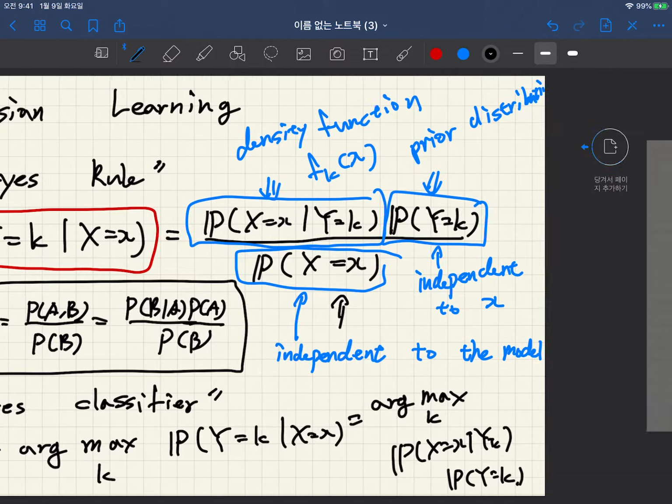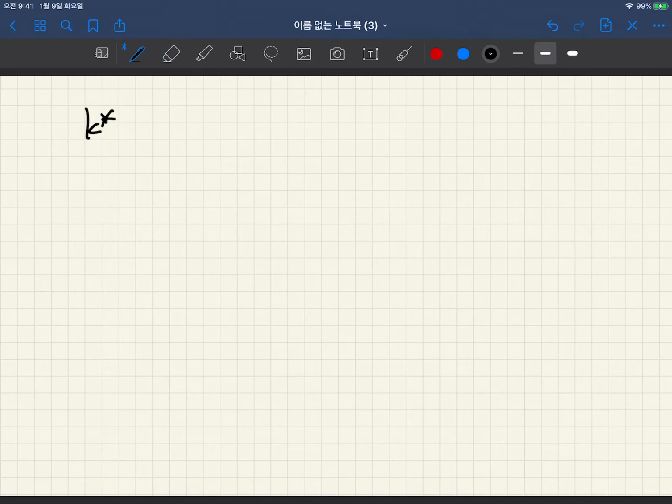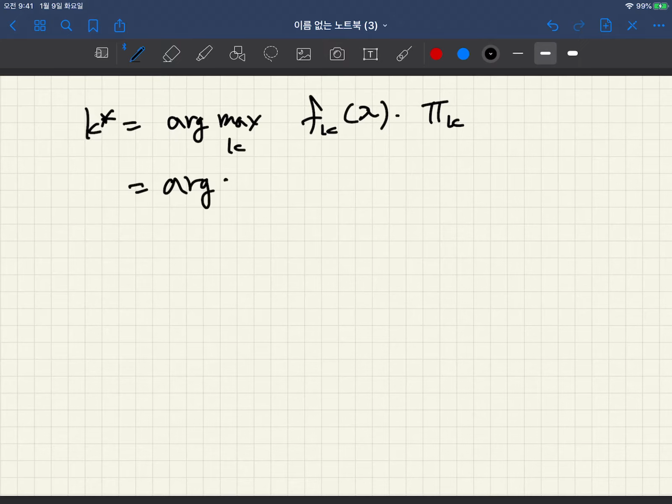So let's rewrite this. The k star is equal to argmax over k of the density function times the prior distribution. This is Bayes classifier. Or of course we can directly use the conditional distribution, not the density function: probability y equal to k for given x.